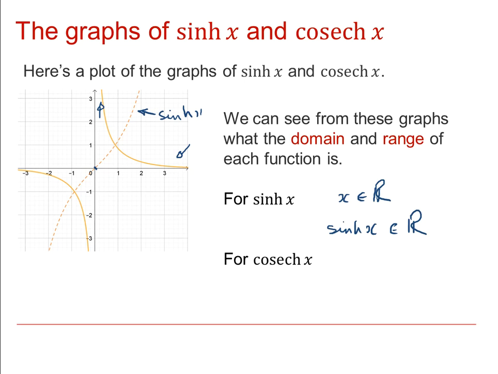For cosech, we can have all real numbers other than x being equal to 0, so it's asymptotic to the line x equal to 0, and it takes values which are greater than 0 or less than 0. So it is cosech x, x an element of R, not equal to 0.